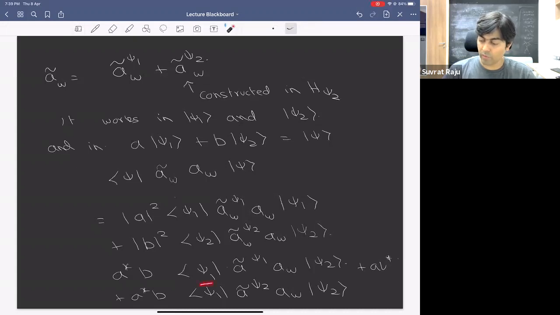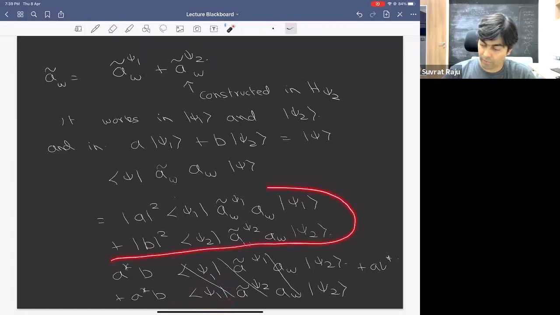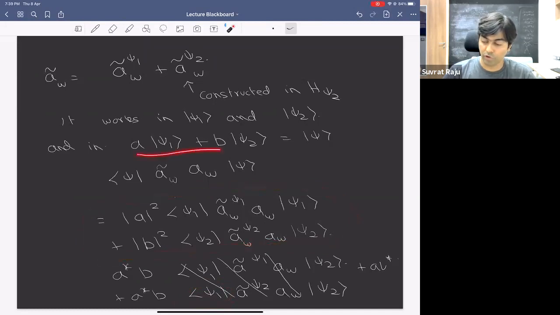But these cross terms will never contribute, because you have a tilde psi1, and here you have the state psi2. So you have the inner product of something in the little Hilbert space of psi1 with something in the little Hilbert space of psi2, and that will be very small. And same here. This whole thing is in the little Hilbert space of psi2. You're taking the inner product with psi1, and this will vanish. And therefore, I can also cross out these two terms, and I only have what is left on top.